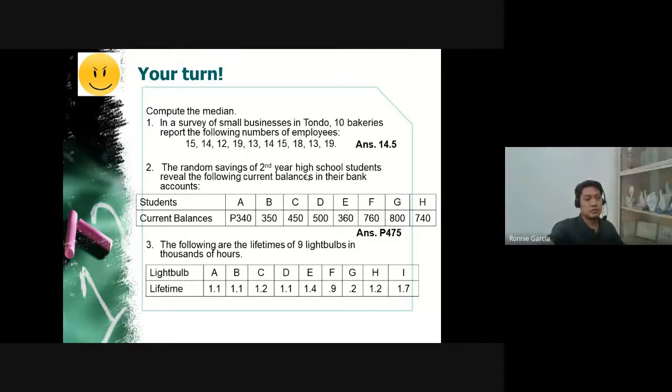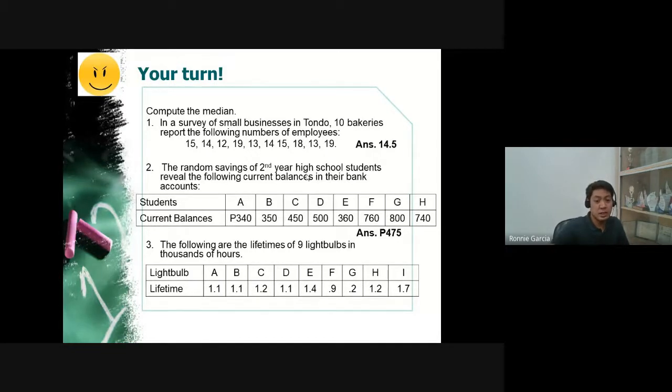Very good. Thank you. Now let's proceed to the last one. This is all about the lifetimes of light bulbs in thousands of hours. Say for example, we have light bulb A, and its lifetime is 1.1, meaning it can last 1,100 hours before it burns out. Then 1.1, 1.2, 0.9, 0.2.